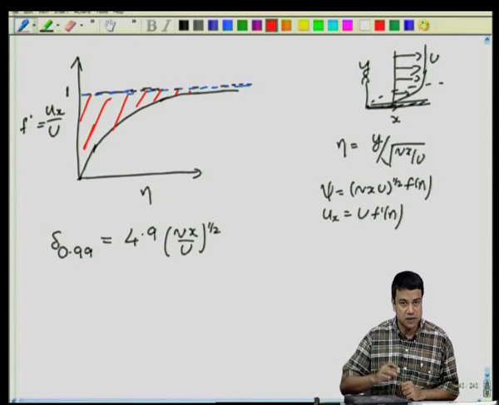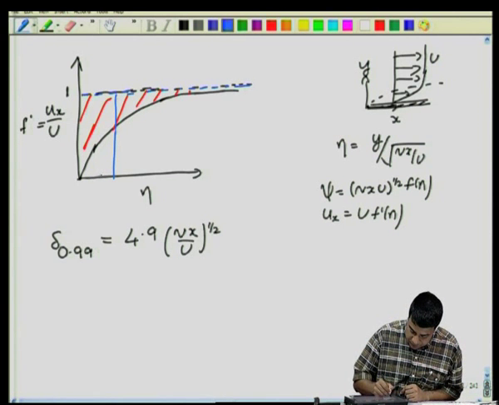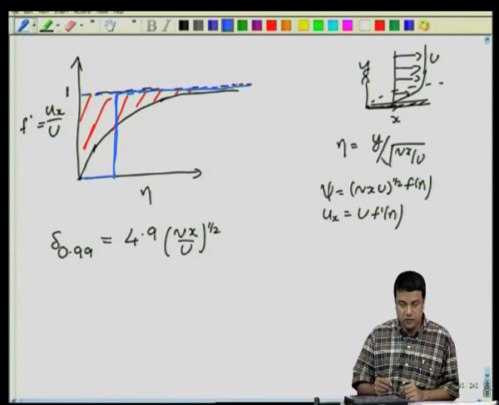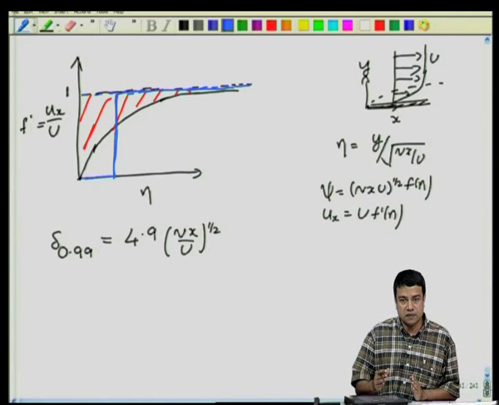The displacement thickness is the thickness by which you have to shift the potential flow in such a way that the flow rate obtained with this displacement from the surface is identical to the actual flow rate that you get.